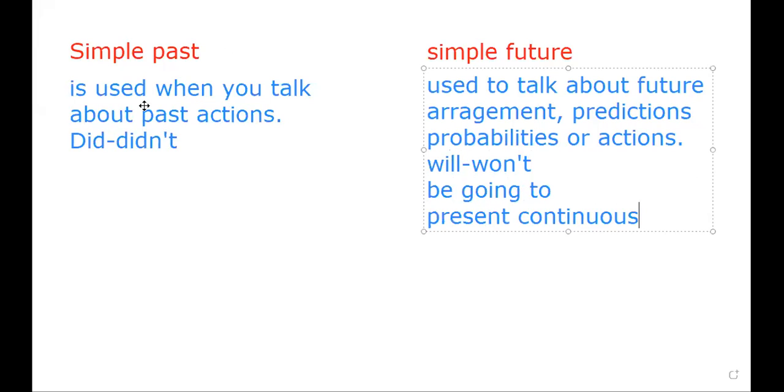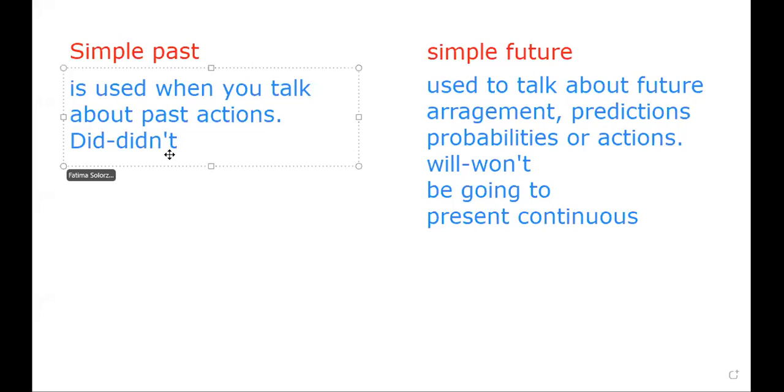Now, simple past tense. Remember that in simple past we have regular verbs and also irregular verbs. What's the difference between both? Regular verbs, remember, have three different pronunciations, and the irregular verbs, these verbs change a lot.